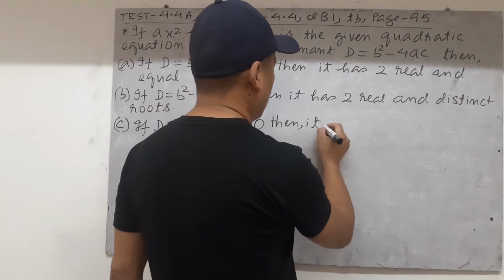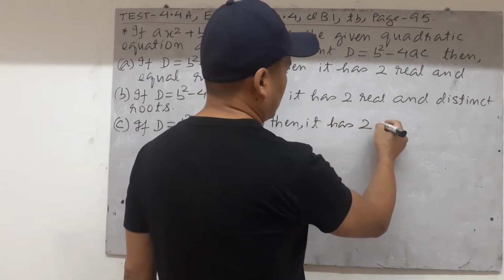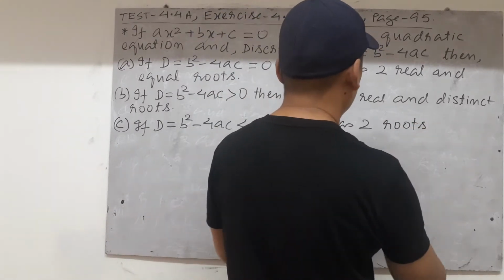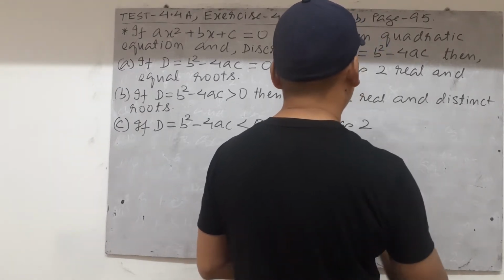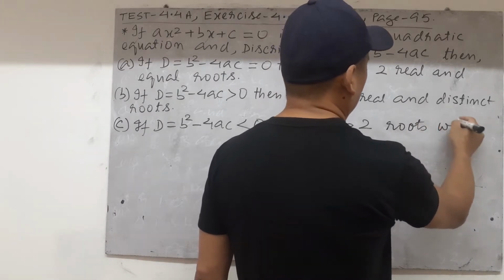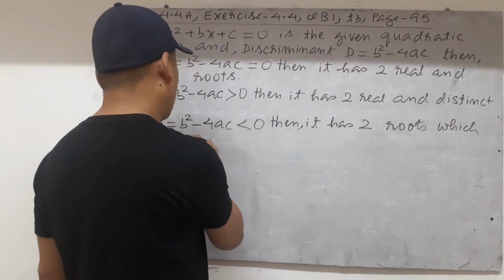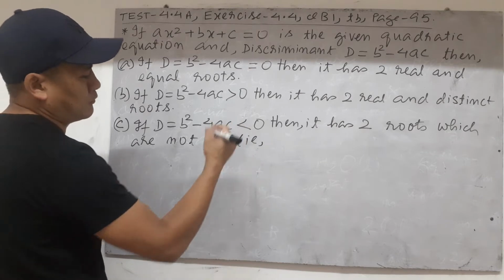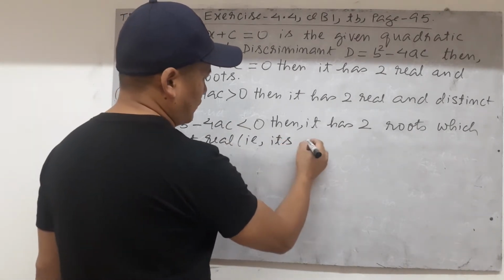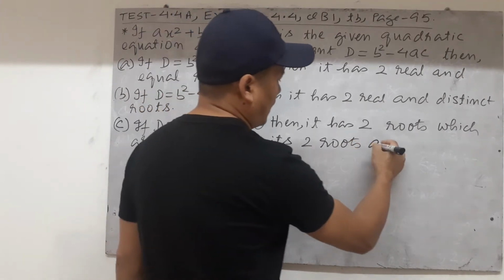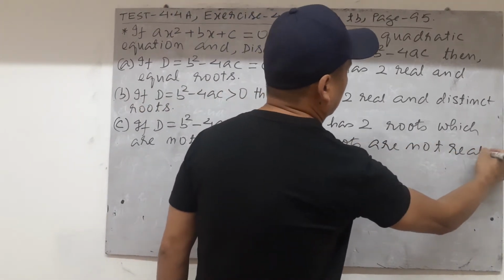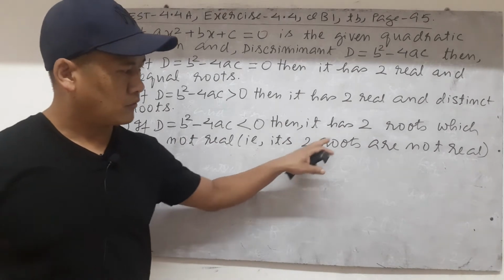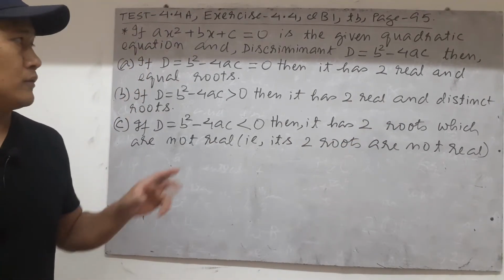You can just write it has two unreal roots, or in short, its two roots are not real. So real roots are conditions A and B.